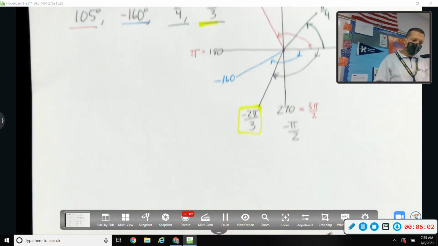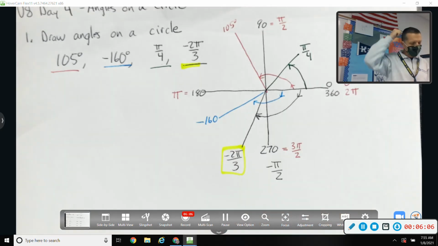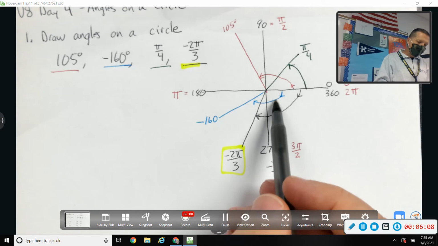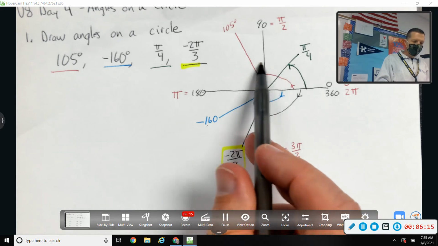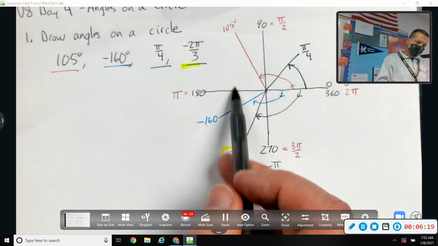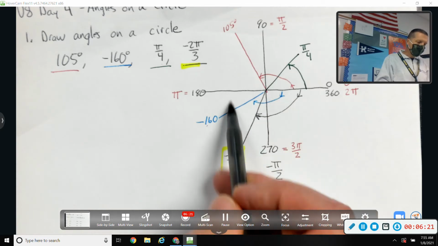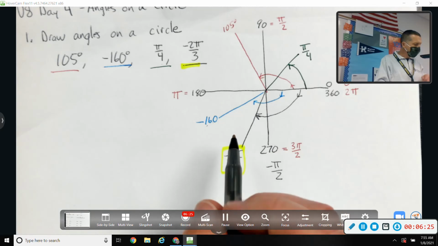Now, we hadn't used a word yet that we're kind of approaching, and that is this idea that you can get to negative 160 multiple different ways, right? You could go the other way. What would that be? That'd be 200, to go 180 and then 20 more. So there's more than one way to get to each spot on the unit circle.